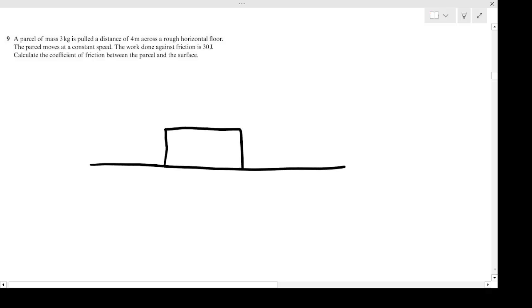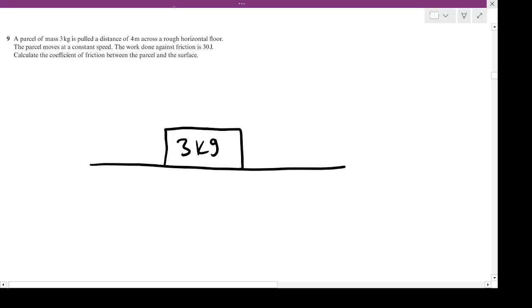So again, we've got this parcel, this little box that's moving on a floor, like this. I'm going to draw my parcel. The mass is 3, so I'm going to say 3 kilograms. That's my mass.